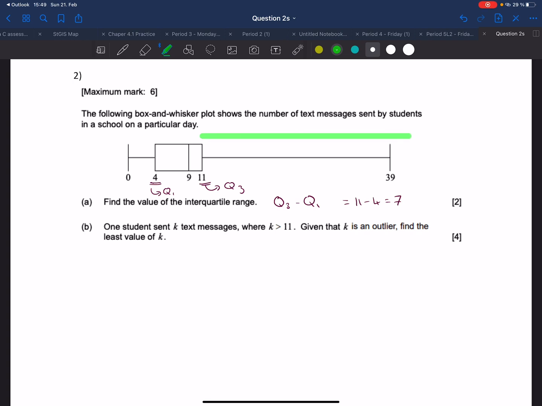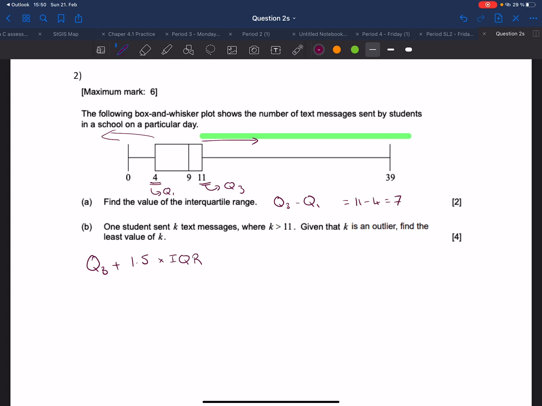Our general formula for finding an outlier is to take 1.5 times the interquartile range, and then either subtract it off the lower quartile, which would give an outlier in this direction, or add it onto the upper quartile, and that's the one we want to look at today. So it's going to be Q3 plus 1.5 times the interquartile range.